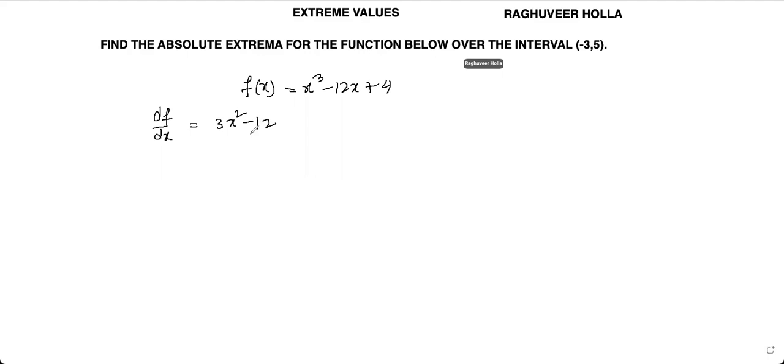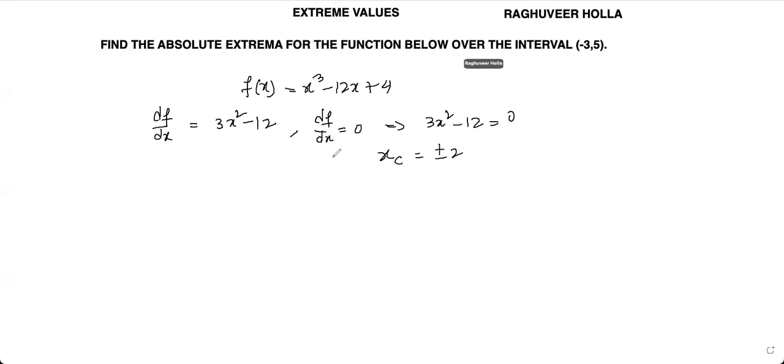Set the first derivative equal to 0, so df by dx equals 0, that is 3x square minus 12 is equal to 0. So we will get two values. Let us call these values xc, which is plus or minus 2.